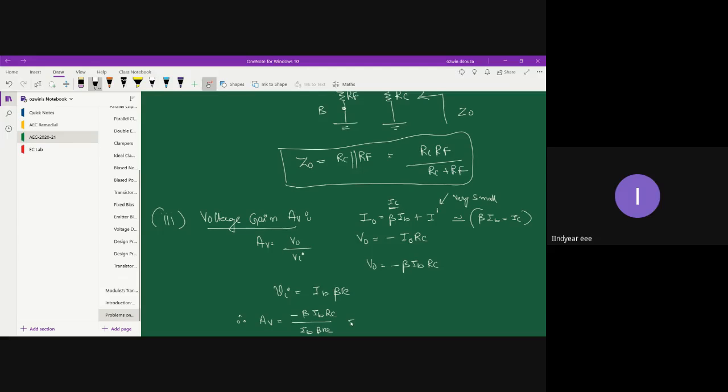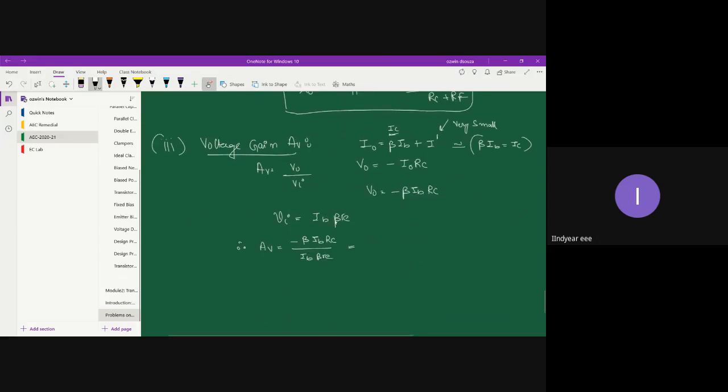So IB gets cancelled and beta gets cancelled. Your voltage gain becomes the ratio of collector resistance to AC emitter resistance RE. So voltage gain is minus RC by RE.